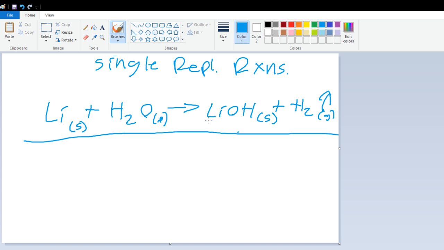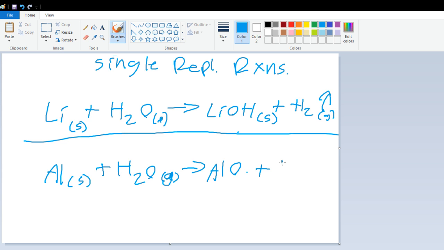So the next group of elements will displace hydrogen from steam, and one of these is going to be aluminum. Aluminum is going to displace hydrogen, and so will the other metals, to create the metal oxide and hydrogen gas.